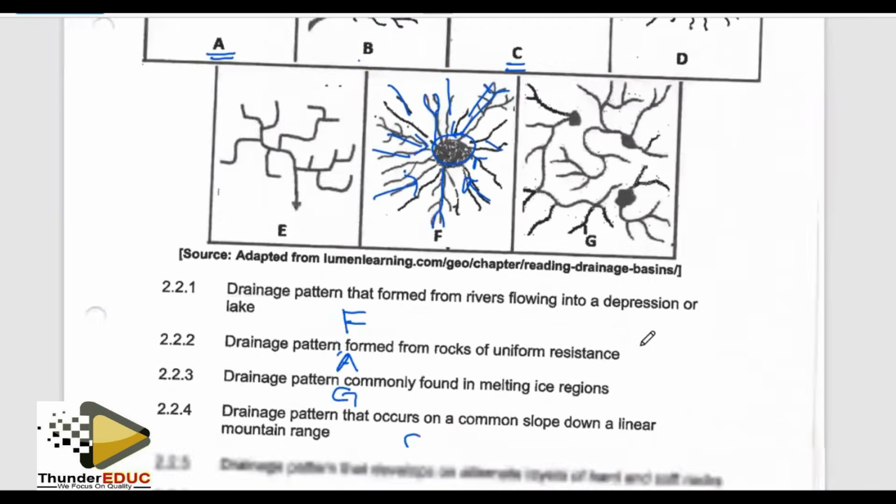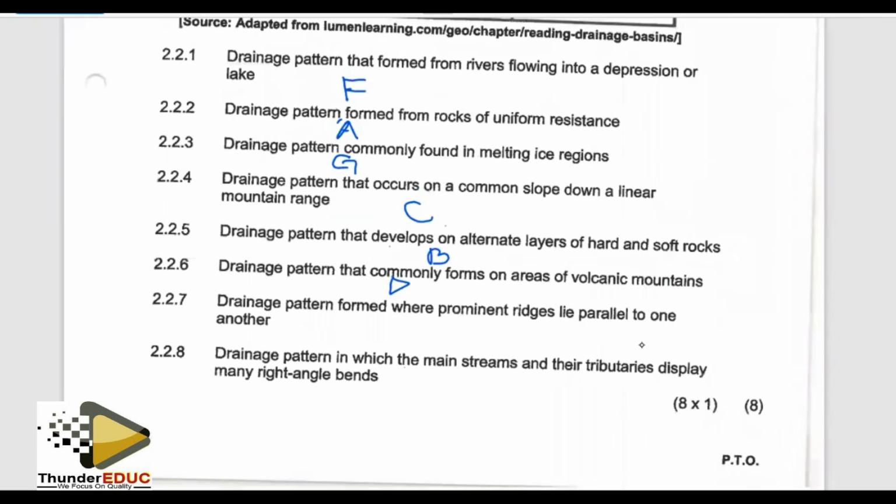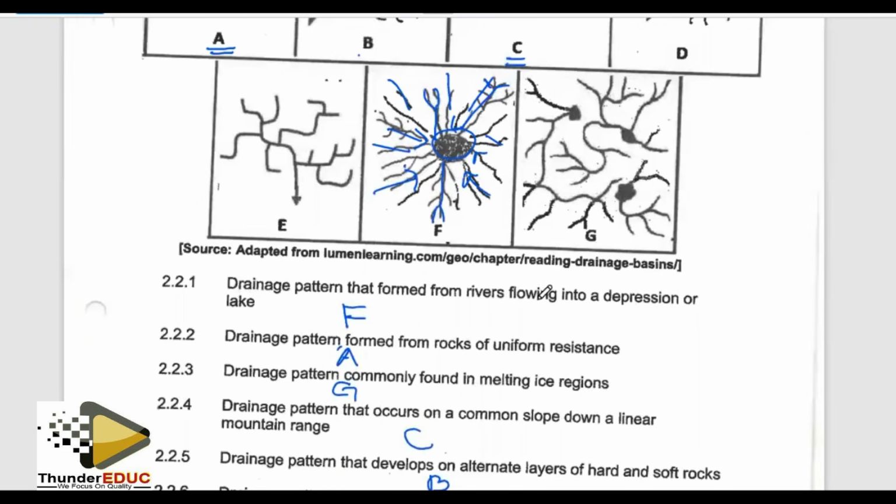That's going to be C, which is a parallel pattern, right? Then 2.2.8, a pattern in which the main streams and their tributaries display many right angle bends. That has to be rectangular, which is E.